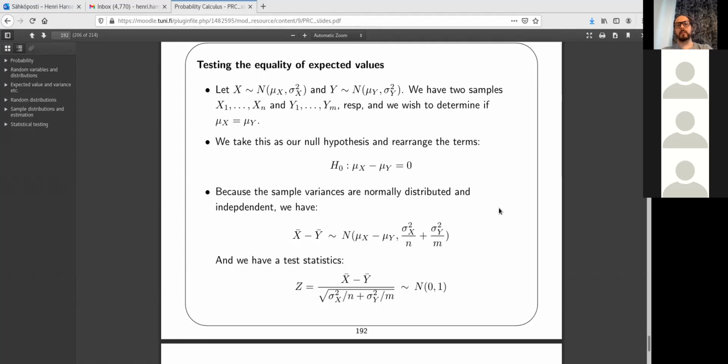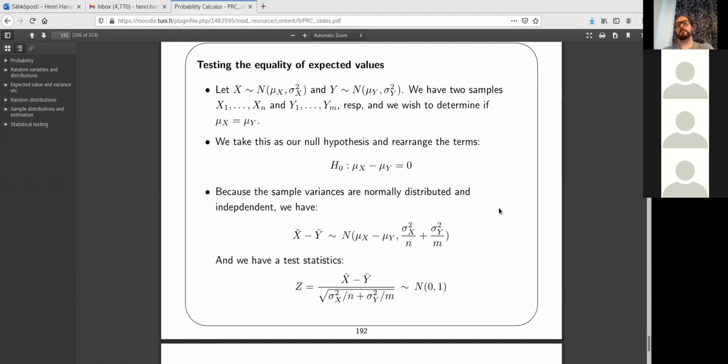So we take this as our null hypothesis, and in this case we assume that the expected values and the variances are known. We probably don't know the variances, but in this case, let's say that they are known.